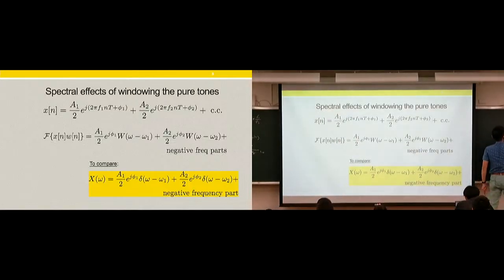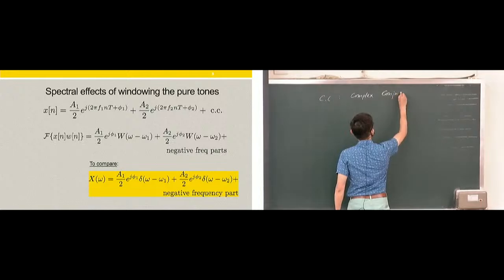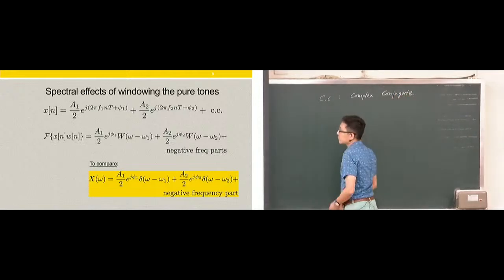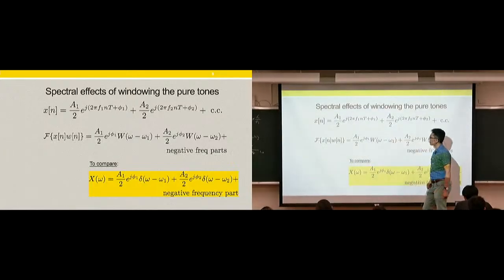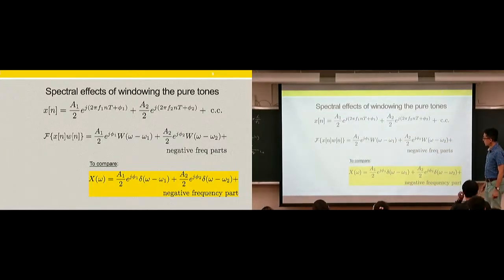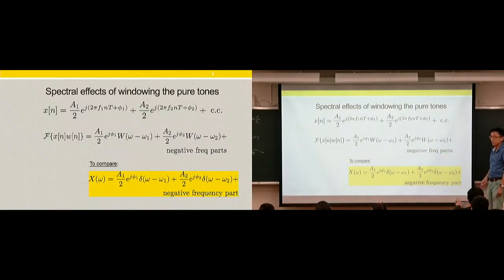Now, when we multiply our signal with the window, and then take the Fourier transform, this is what we get. We get the Fourier transform of the window, but shifted to that frequency. So remember the Fourier transform of the window: rectangular window, Hann window, Hamming window, or if you will, Kaiser window. Why not?